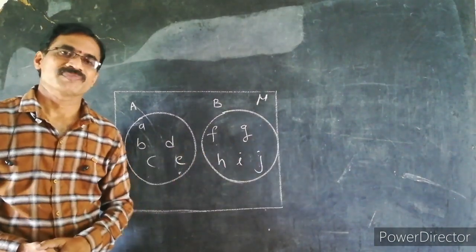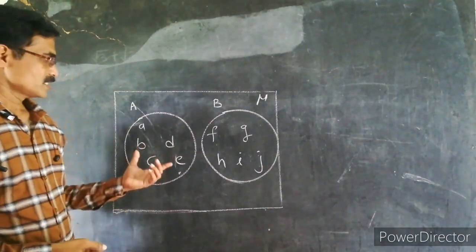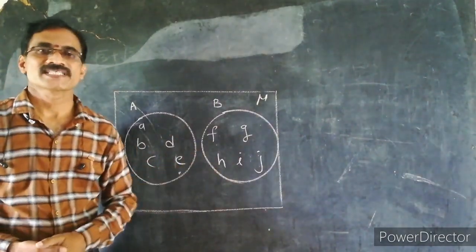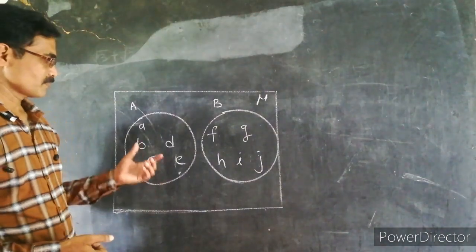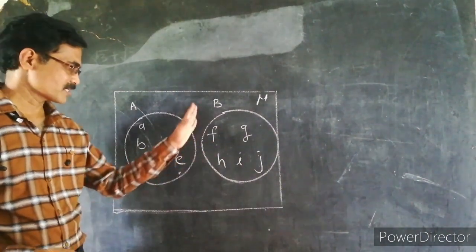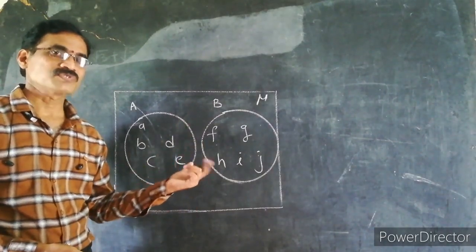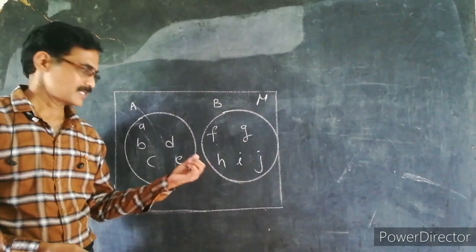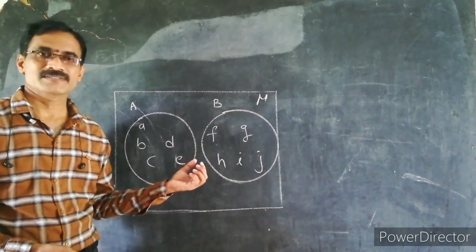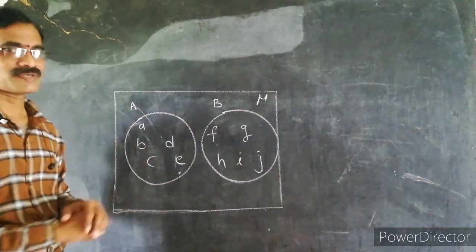By watching this Venn diagram, you can observe that these are disjoint sets because there are no common elements in these two sets. They are not overlapping. Separate elements are there, so these are disjoint sets.